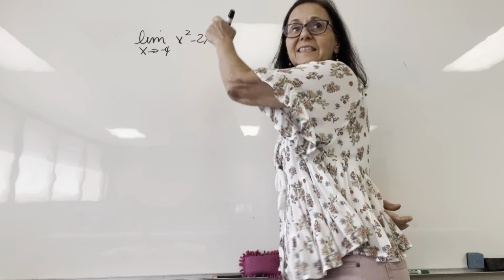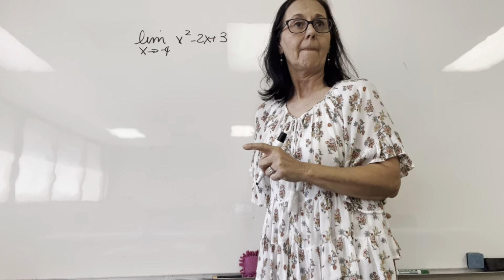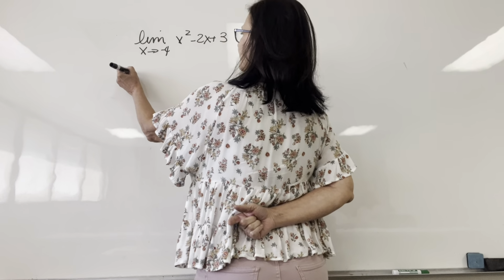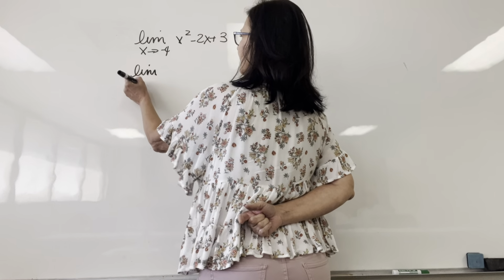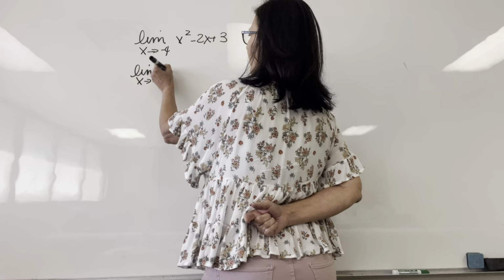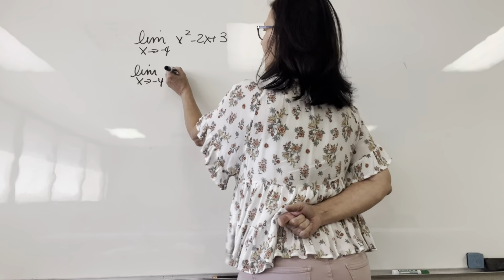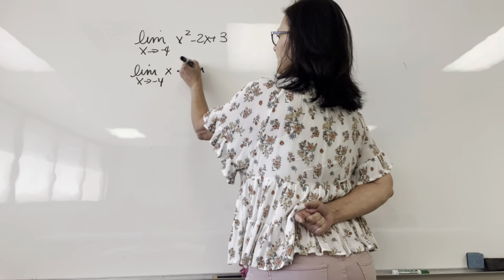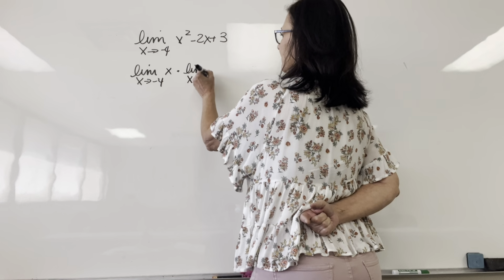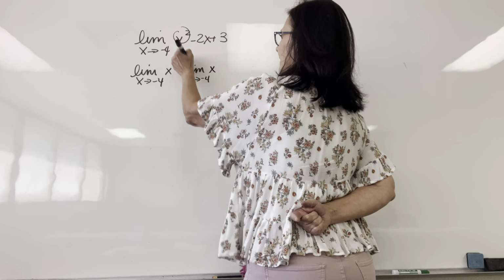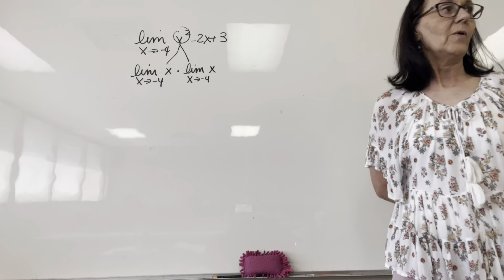Well, this is the same thing as the limit as x approaches -4 of x times the limit as x approaches -4 of x. See how I got that? That's x squared, isn't it?